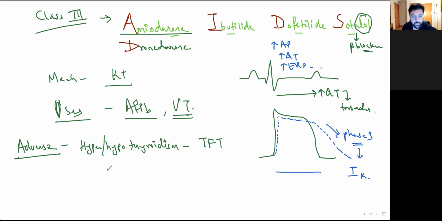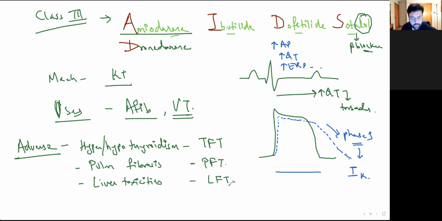What else can it do? Pulmonary fibrosis. Very good. So baseline spirometry, pulmonary function test. What else can it do? Liver toxicity. So baseline liver function test. What else?